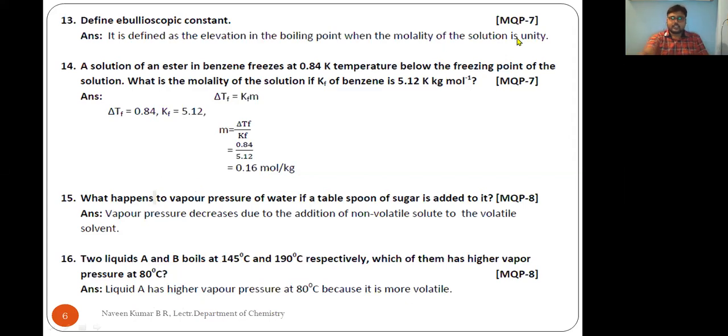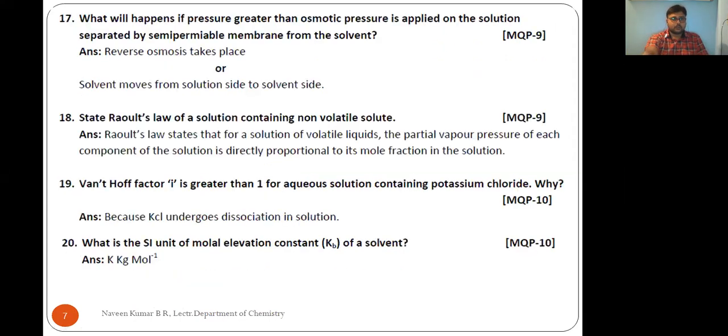Okay, we'll continue with the next model paper now. It is from the 9th model question paper, question number 17: What will happen if pressure greater than osmotic pressure is applied on the solution separated by a semi-permeable membrane from the solvent? Again, think with the osmosis process, what happens with the movement of solvent. Now you have a particular solution.